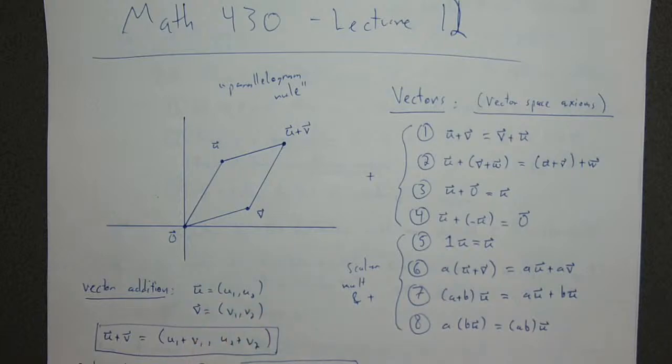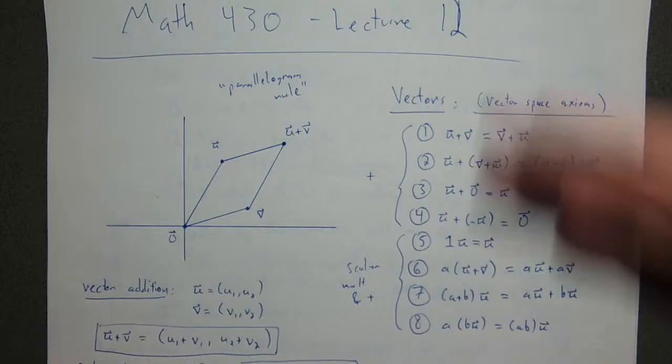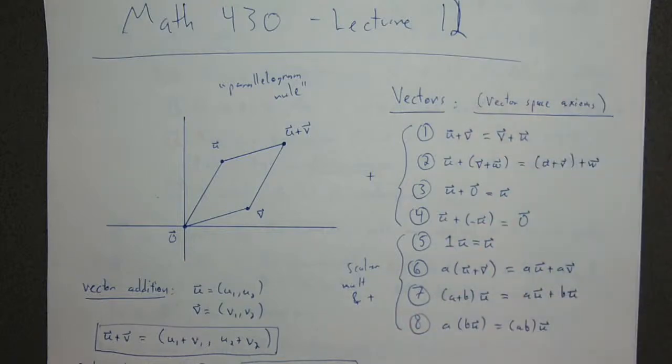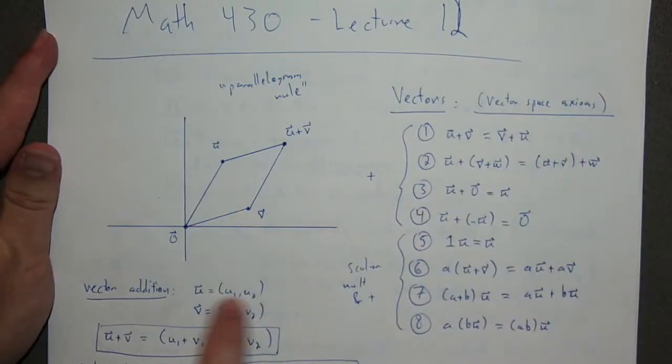As we'll see, the benefit of switching to this is that it's very easy to move to higher dimensional settings using this same language. So a vector in the plane is an ordered pair.